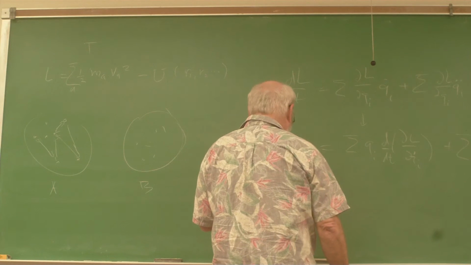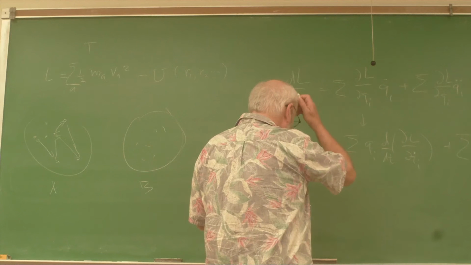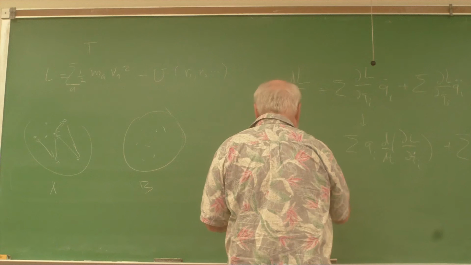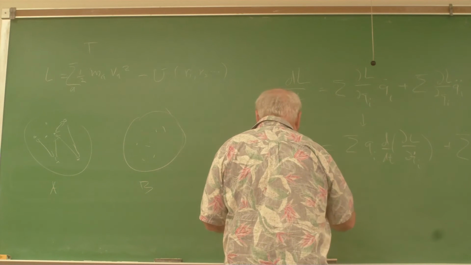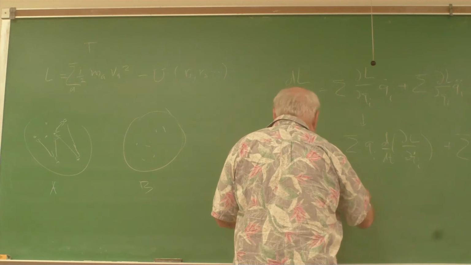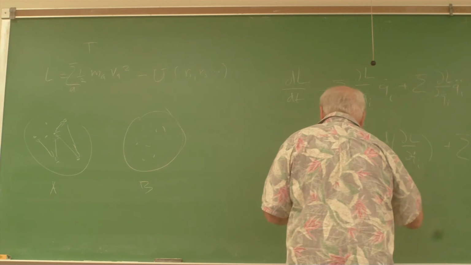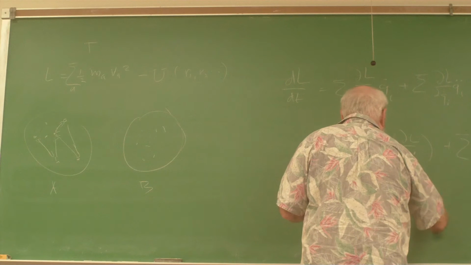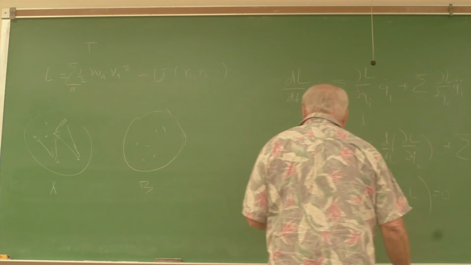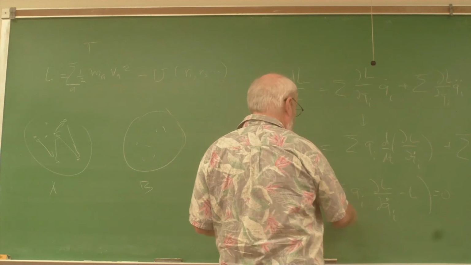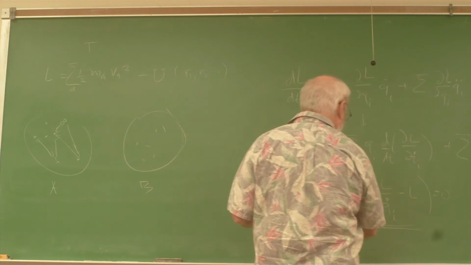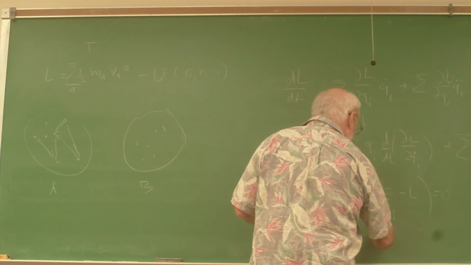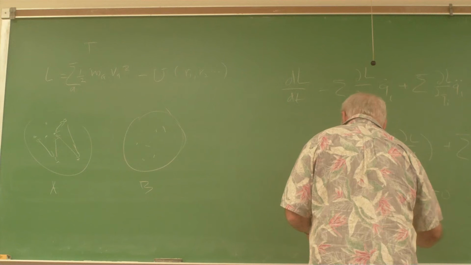But you see, therefore, that that is a total time derivative, so we can write that d/dt of the sum of qi ∂L/∂qi dot minus L is equal to 0, and therefore this is a conserved quantity, and we call this the energy.